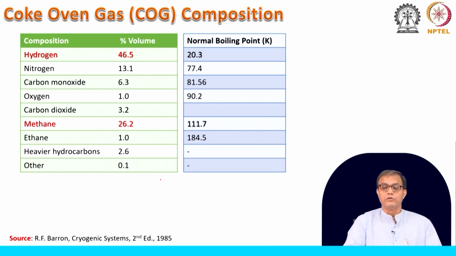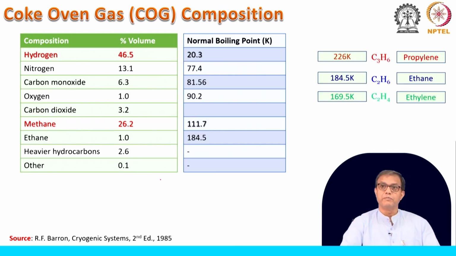So, hydrogen you are already familiar with; its normal boiling point is 20.3 and nitrogen is 77.4, then carbon monoxide, oxygen, and methane is the highest among these. Not only the highest, but there are other components. Methane has 111.7, and the heavier hydrocarbons will obviously have higher boiling points.